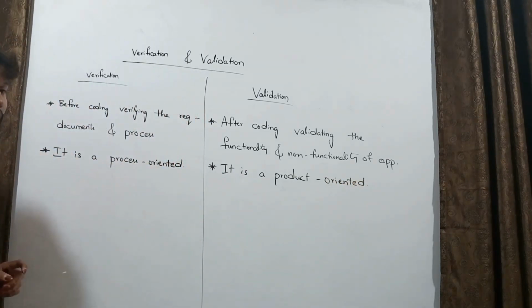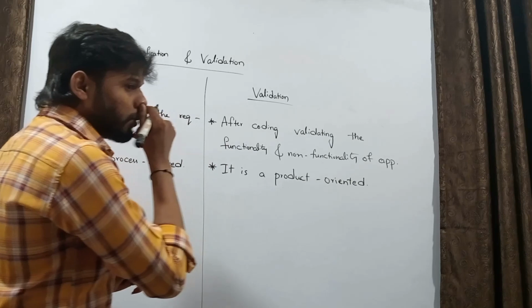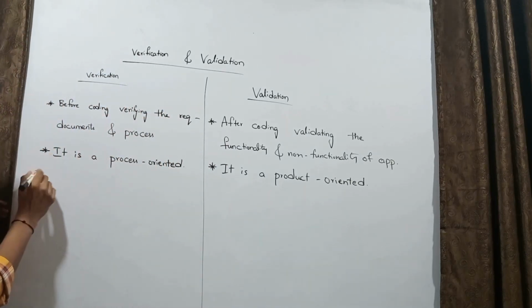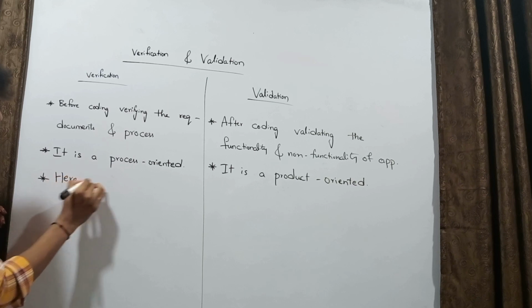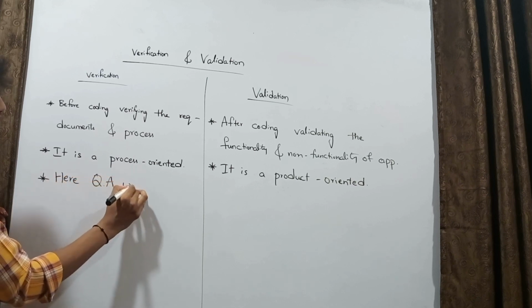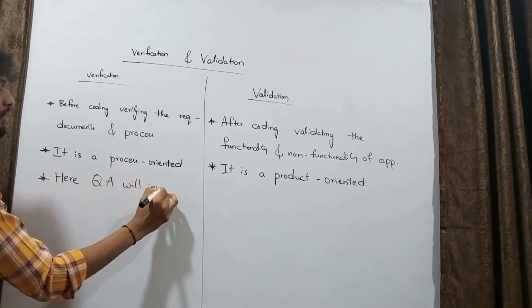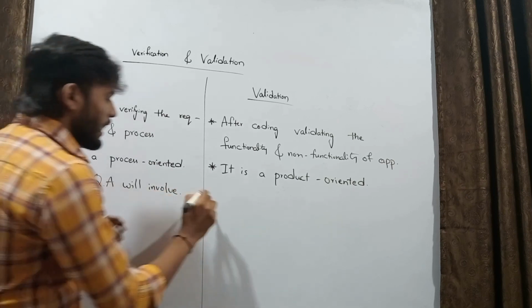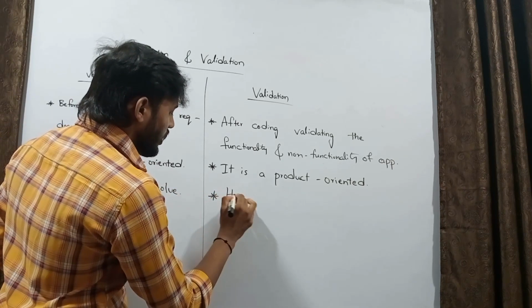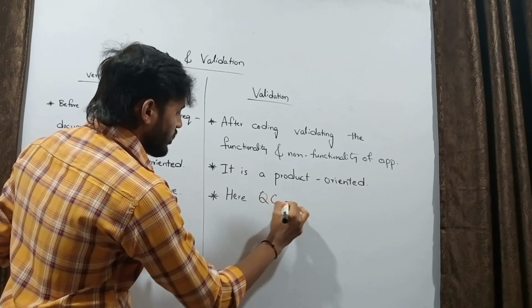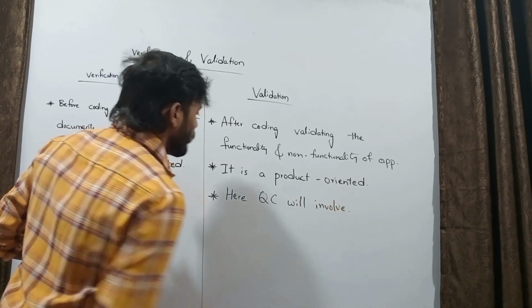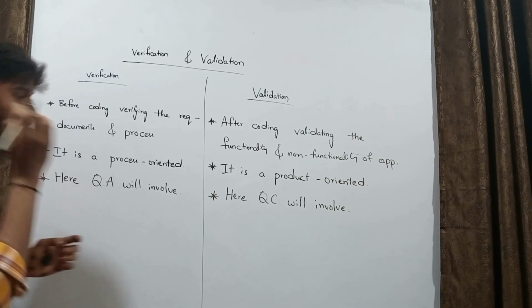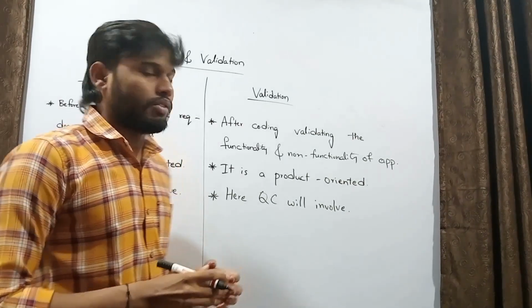One is process oriented and this one is product oriented. Now coming to the third point: who will be involved? Here QA will be involved, and here QC will be involved. One side QA and the other side QC.